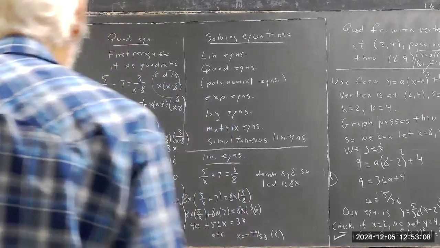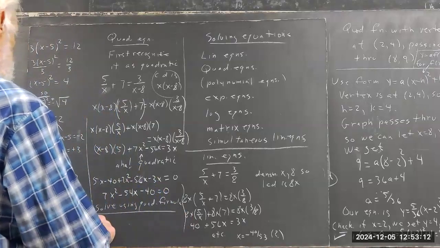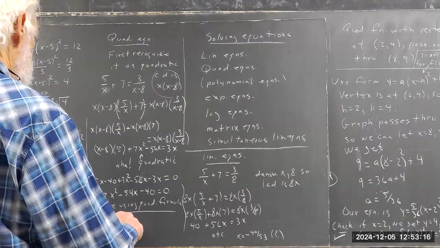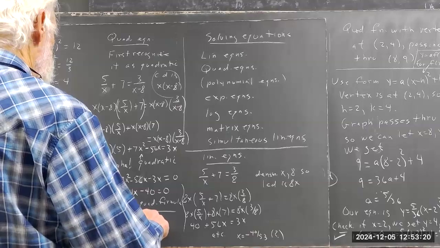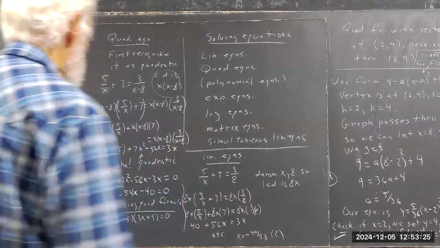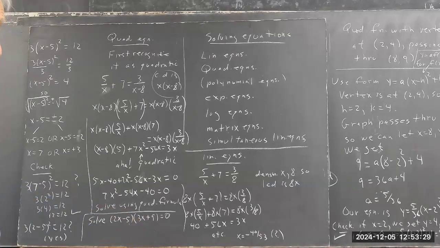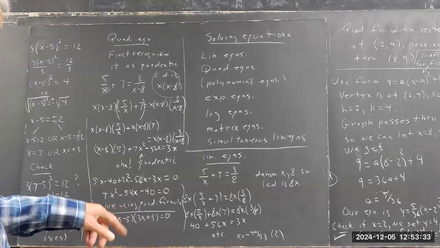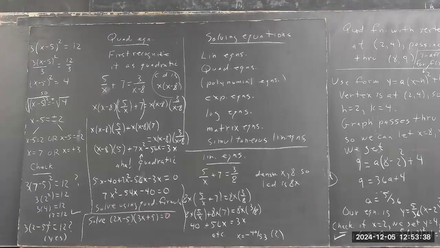Except, of course, this is a quadratic equation because if you multiply these out, you're going to get a 6x squared, negative 15x, and 18x, plus a 3x then, and minus 45.